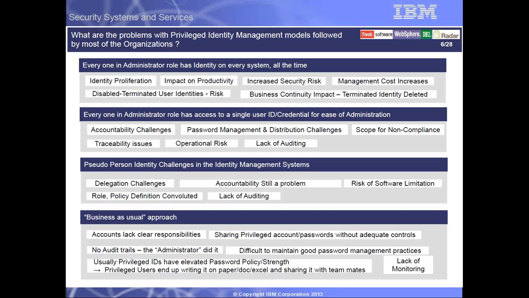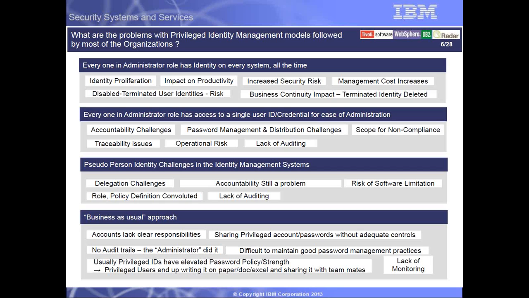The other thing is, if one person out of 10 administrators leaves, you're supposed to change the password. Now, how often is that done? If it is not done for convenience, that person moving out still knows the credentials. There are ways he could loop in or hack into it. So that's another issue.